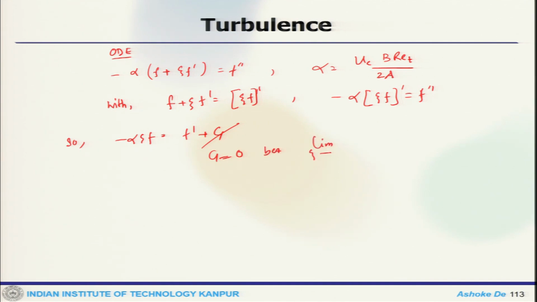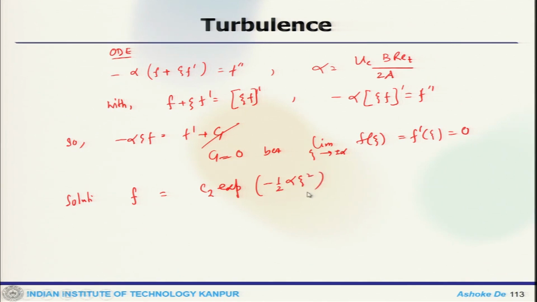because in the limiting sense f of xi would be xi, and the solution of f will be c2 exponential minus half alpha xi square.